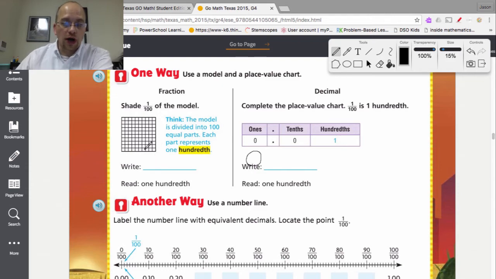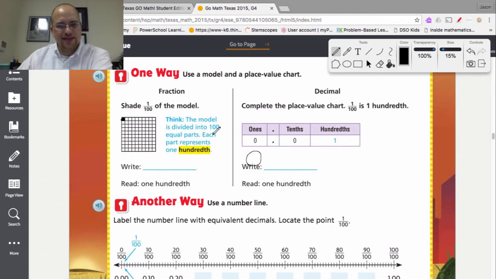So one of these little squares makes 1/100th. If I want to show 1/100th, all I have to do is pick one little square out and shade it. I'm just going to pick out this little square right here on the top, and shade that in. Well, that's 1/100th of this model.